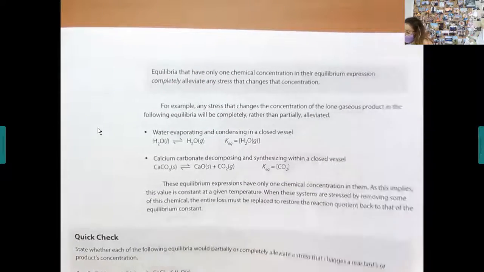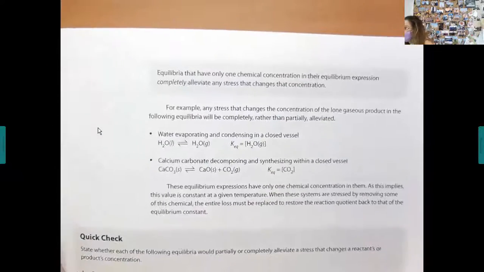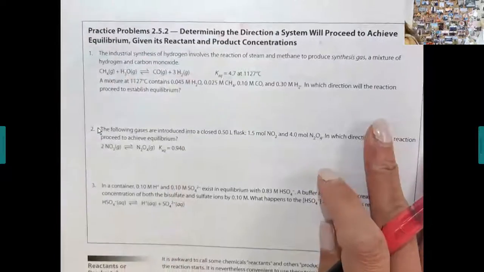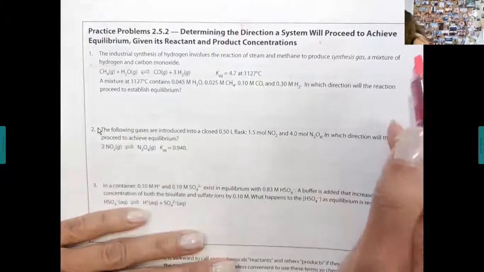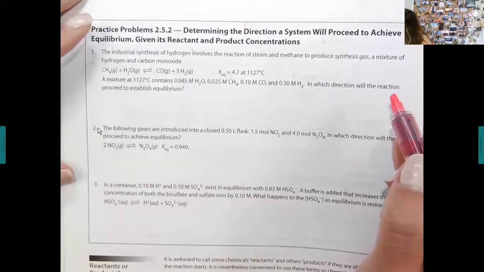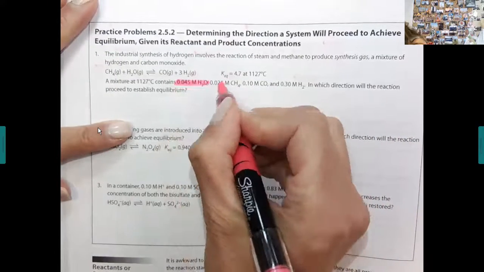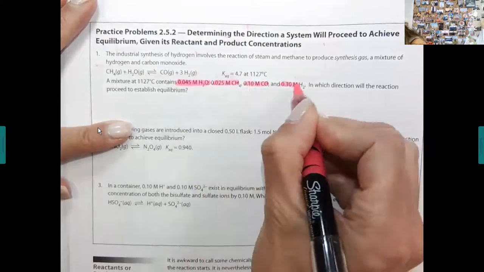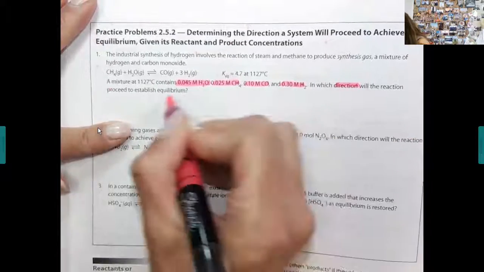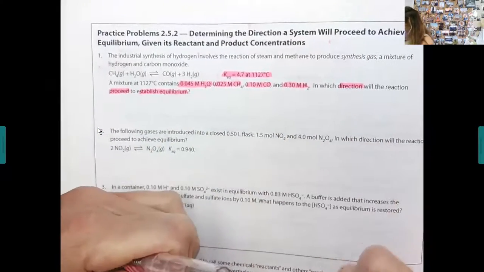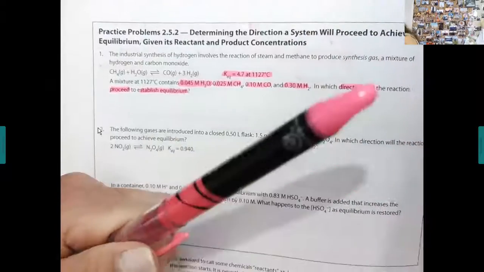So I'm going to take a look at the next page. Let's go right here, and I'm going to do number 1 with you. We've got concentrations of various substances, and they want to know the direction that we're going to proceed to get to equilibrium. They gave you a KEQ value.